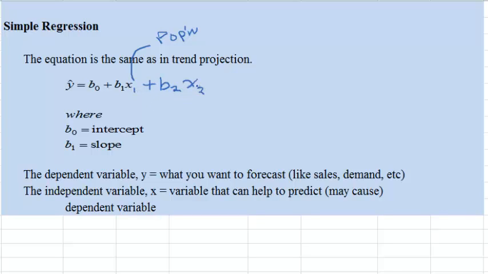A third term with the x2 in it. So we have b0 plus b1 x1 plus b2 x2, where the x2 might be the advertising expenditure. Then what we'd have is a multiple regression. But in this class, we'll limit the discussion to the simple regression.